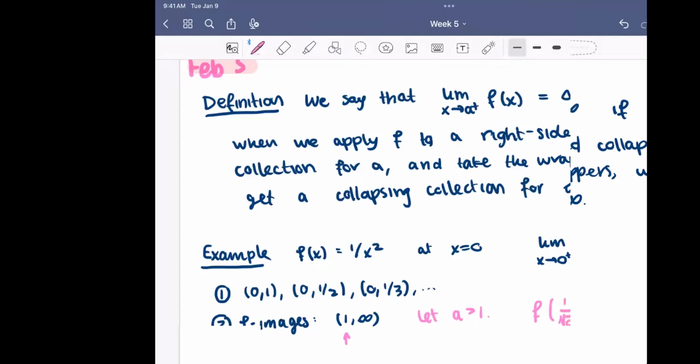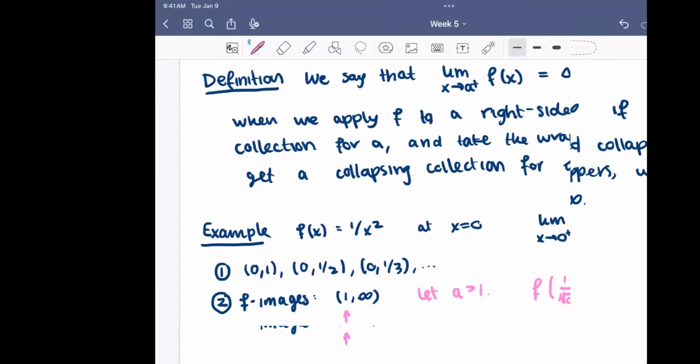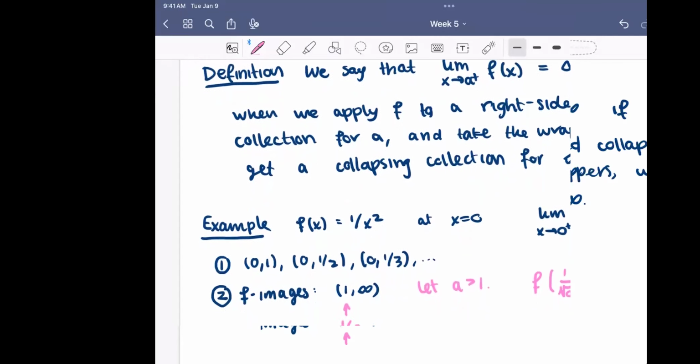So if I plug that into f, I get 1 over the square of 1 over square root a, which will be a, right? Okay, so what I want to argue is that 1 over square root a is between 0 and 1.